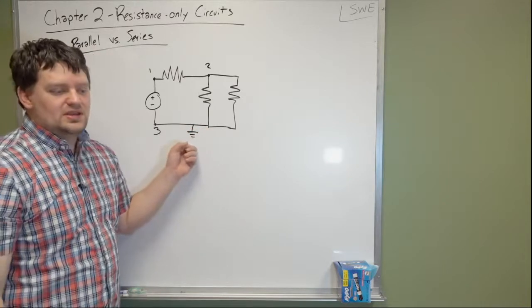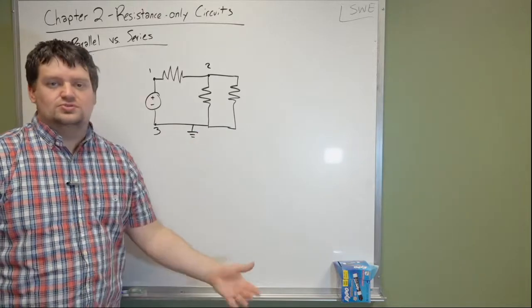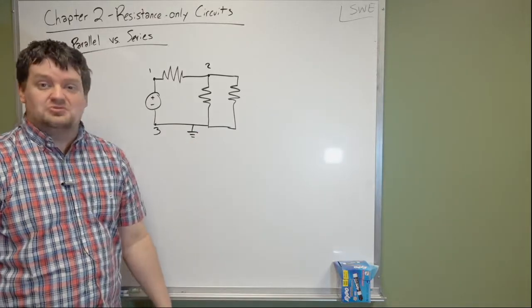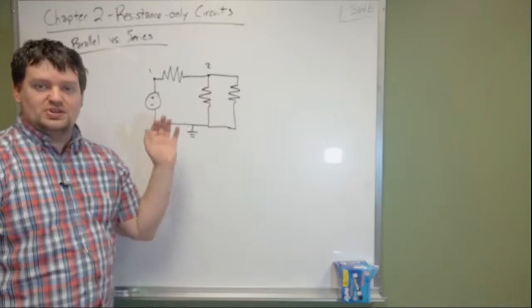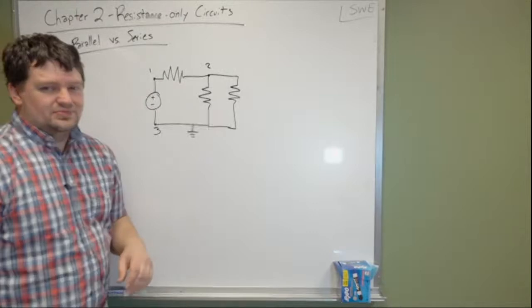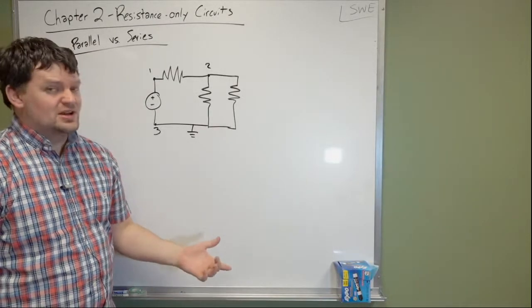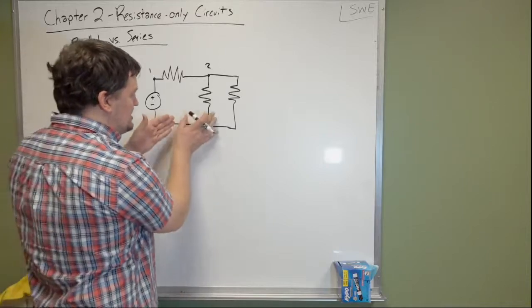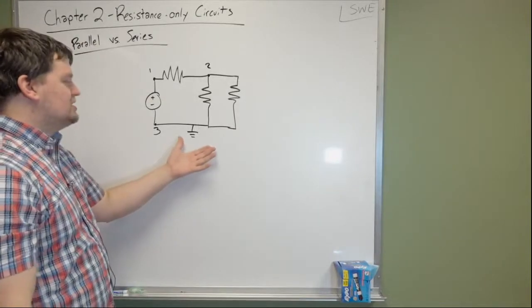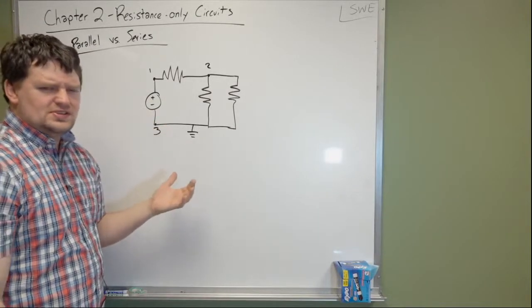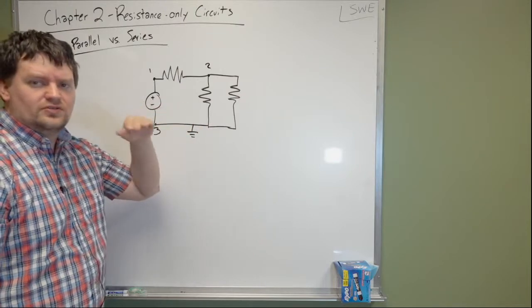All the ground symbol means is that you would have a wire connected to here that would go to touch ground traditionally, so that there's no charge buildup. Yes, it is possible to siphon charges out of the ground, believe it or not. It is possible to get current to flow backward out of the ground, but in most systems, what you want to do is force this to stay at a very certain voltage.